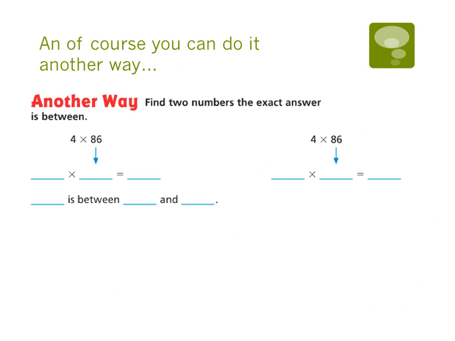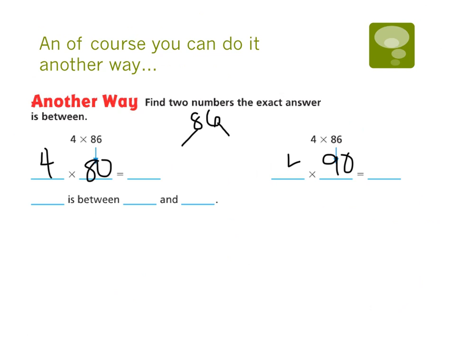And we know, of course, there's 2 ways to do it, so we can find the estimate and see if Ava's answer is between those 2 numbers. In this case, I take my number 86, and I think 80 is below it, and 90 is above it.